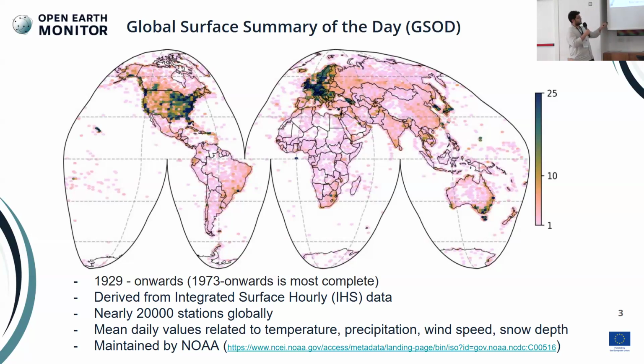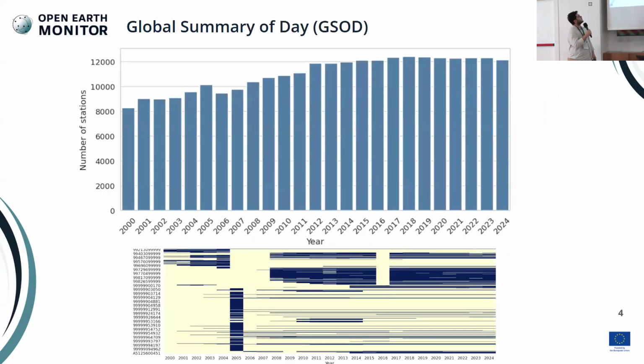There are nearly 20,000 stations globally, and you can see the distribution on the map. It's heavily dominated by the northern hemisphere, and some areas of the southern hemisphere are underrepresented in terms of station data coverage, which creates another problem in the modeling. Like I said, we are mostly concerned with the period from 2000 onward. That's why you see the temporal coverage of these stations from 2000 to 2024.